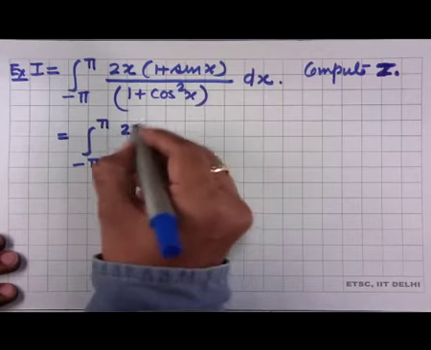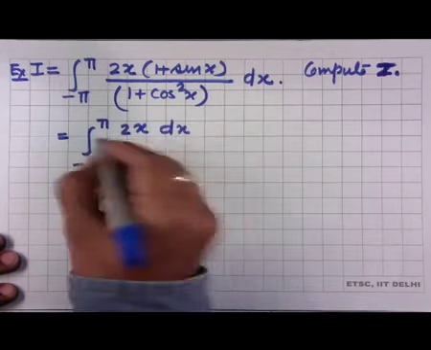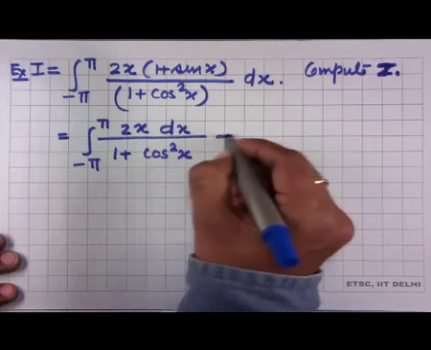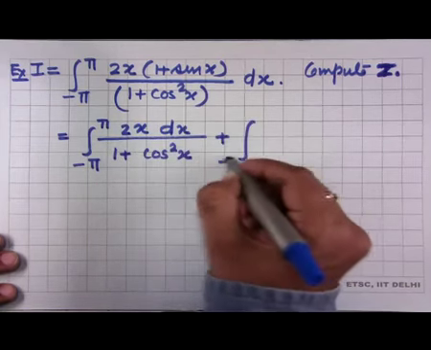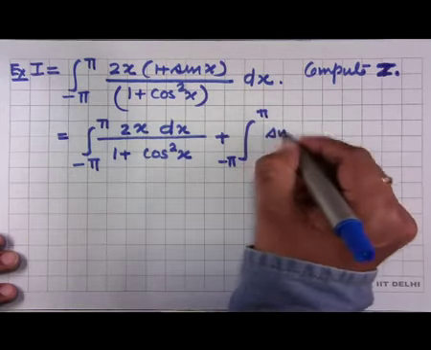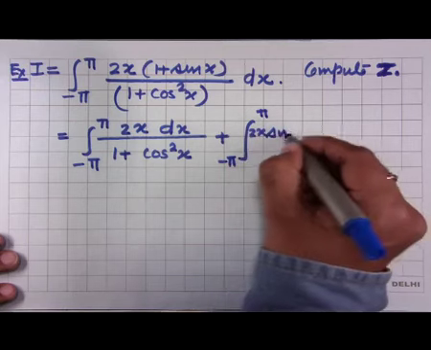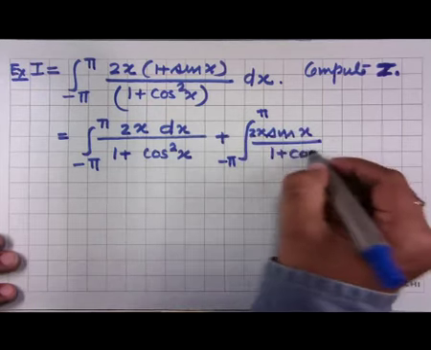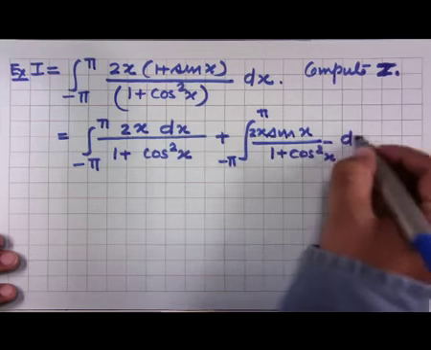So you get the integral from minus pi to pi of 2x sin x upon 1 plus cos square x dx.